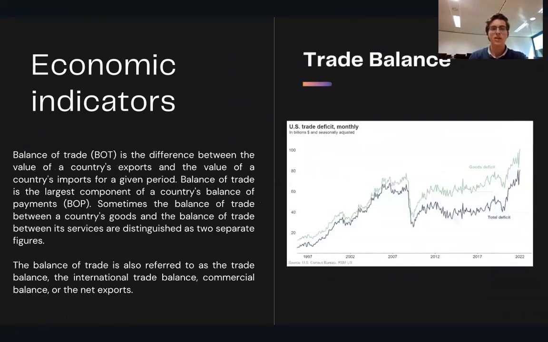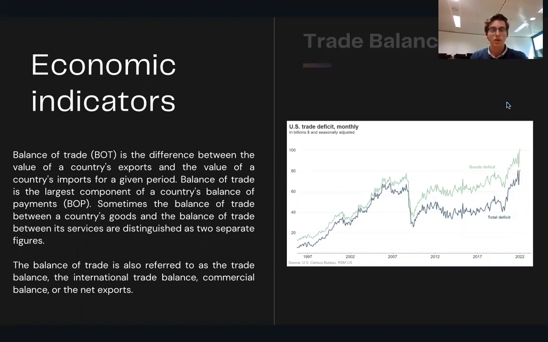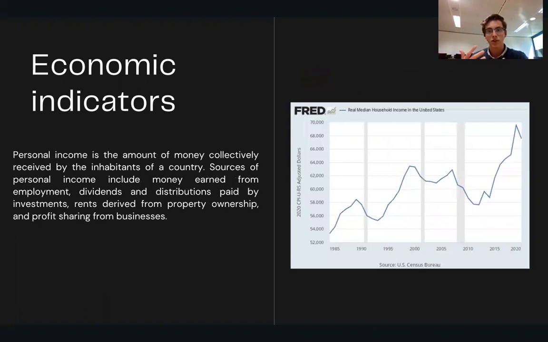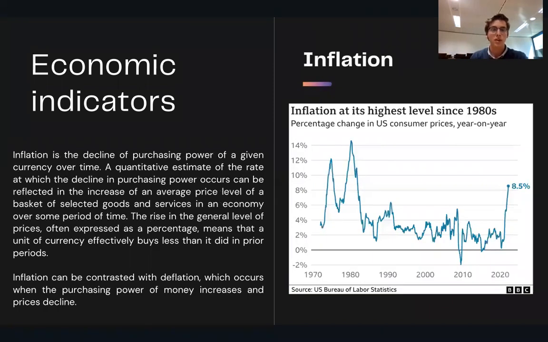We can talk about other indicators, for instance, the trade balance, but the ones that we are going to talk about more, and what we think will be the most useful, are especially those on inflation. Of course, this information will be useful to fully understand what is happening in the United States.